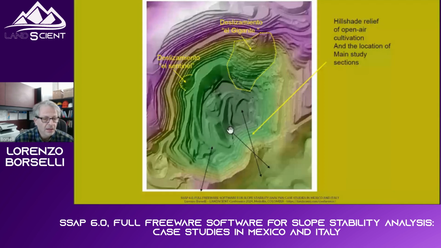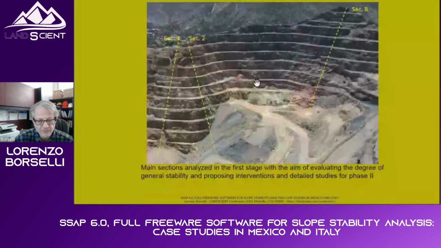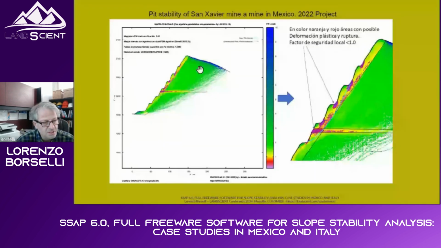And then we have the results. This is a tunnel that enters an old tunnel that is partly excavated by the open pit. And this is the safety map obtained by quasi-FEM algorithms.